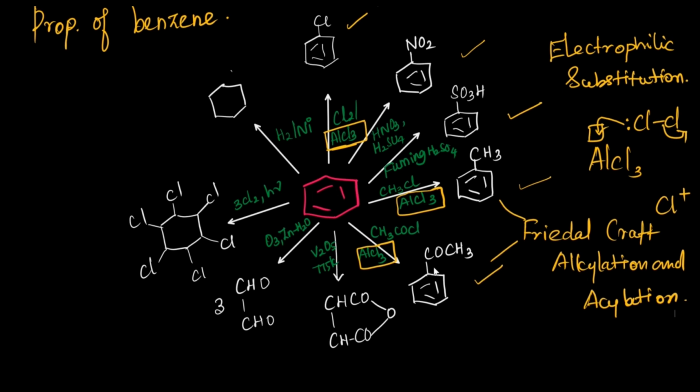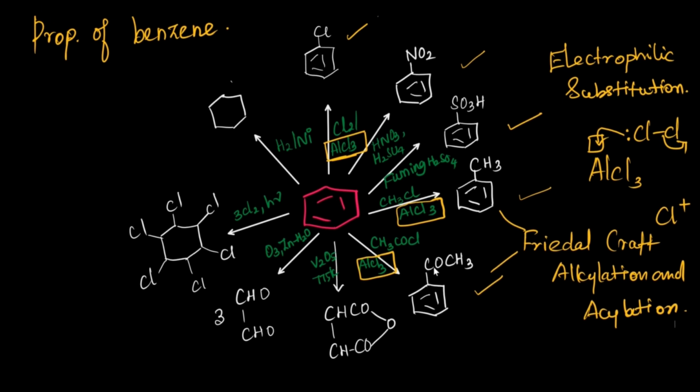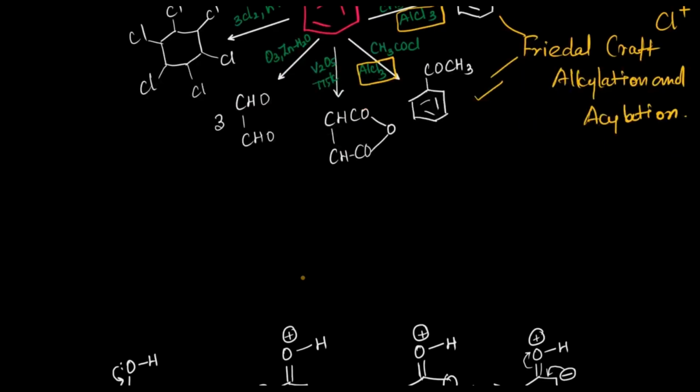Then other reactions: with vanadium pentoxide, it forms an anhydride, and following ozonolysis, it gives us an aldehyde. Treating it with chlorine in sunlight forms hexachlorohexane, where 6 chlorines are substituted. What are the other reactions of benzene?